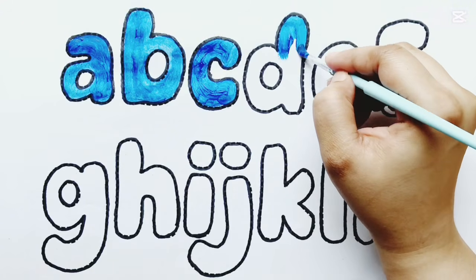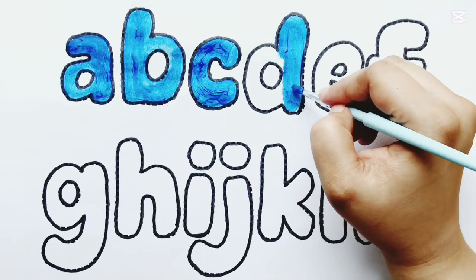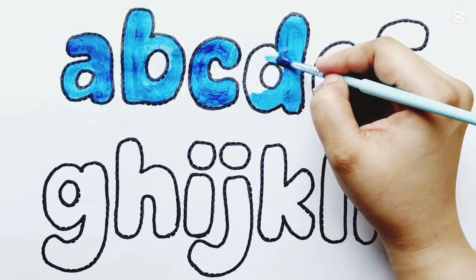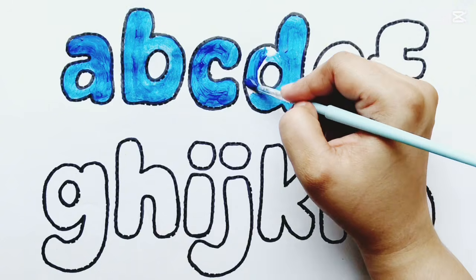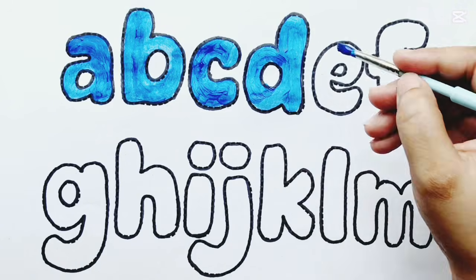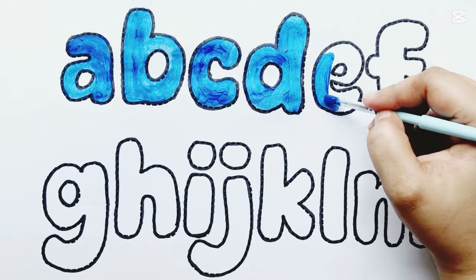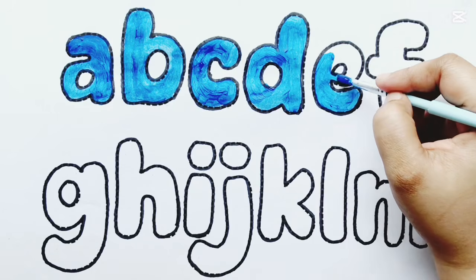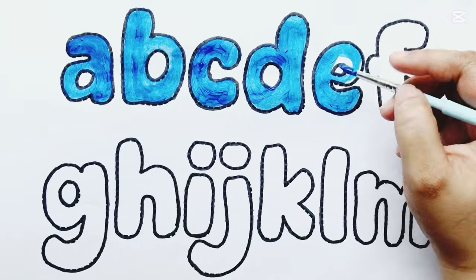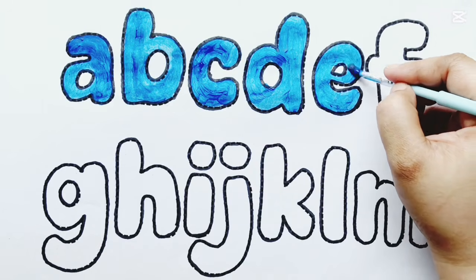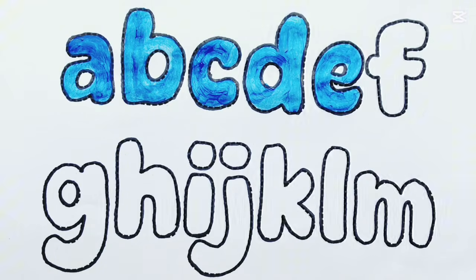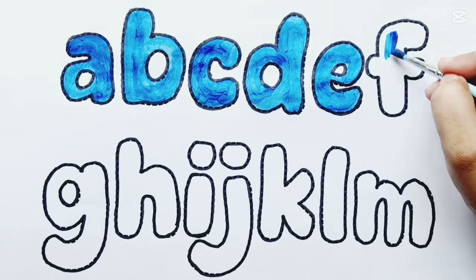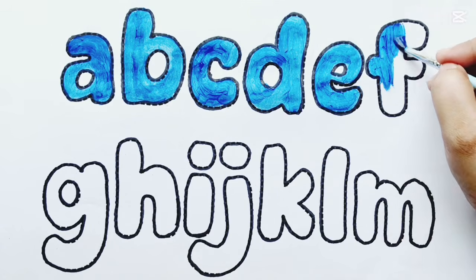D for dolphin. E for elephant. F for flower.